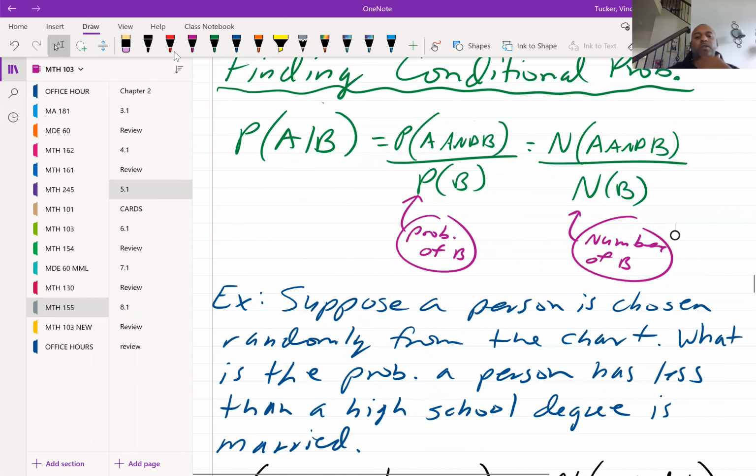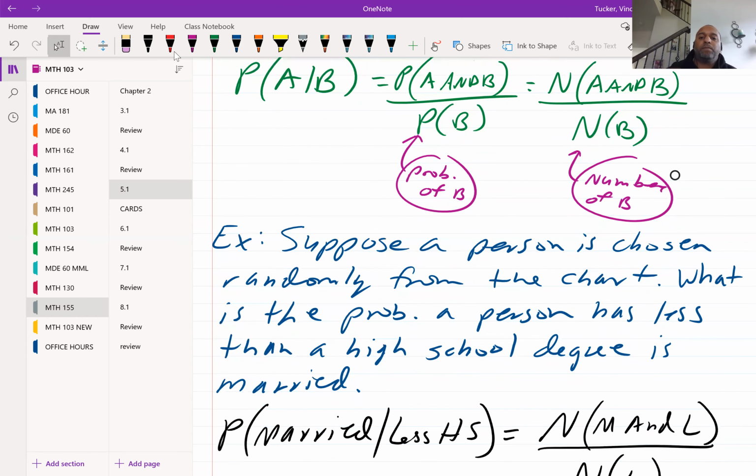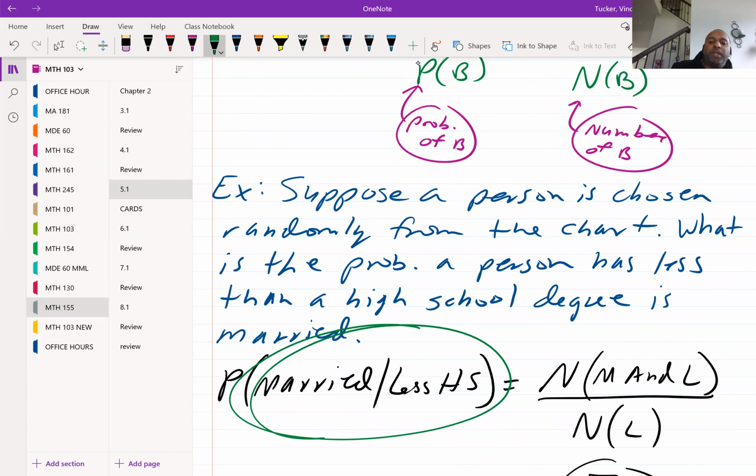Okay, first one. Suppose a person is chosen randomly from the chart. What is the probability a person is married, given that they have less than a high school degree? So you can see the way this would be positioned.